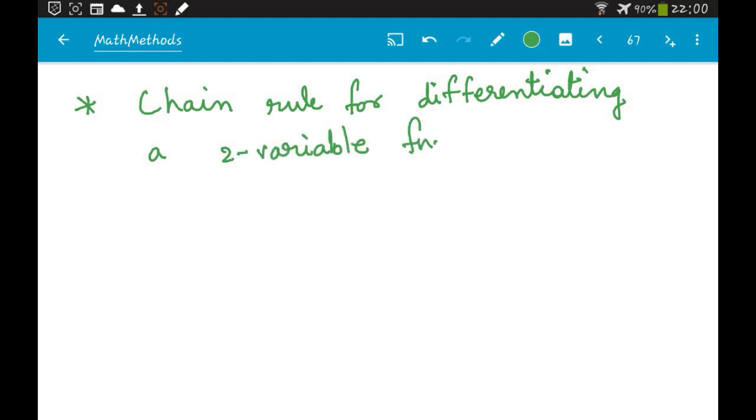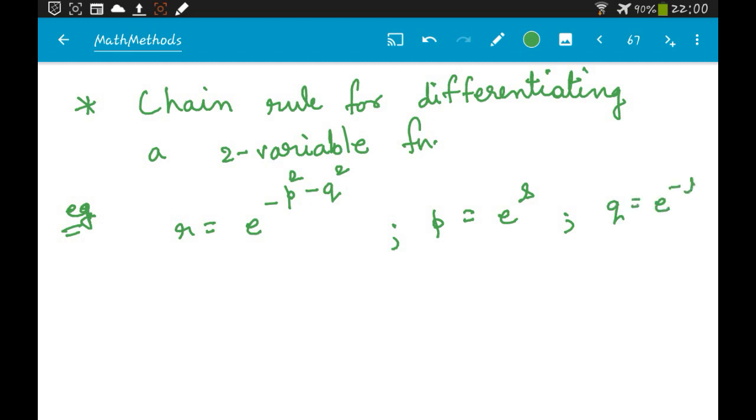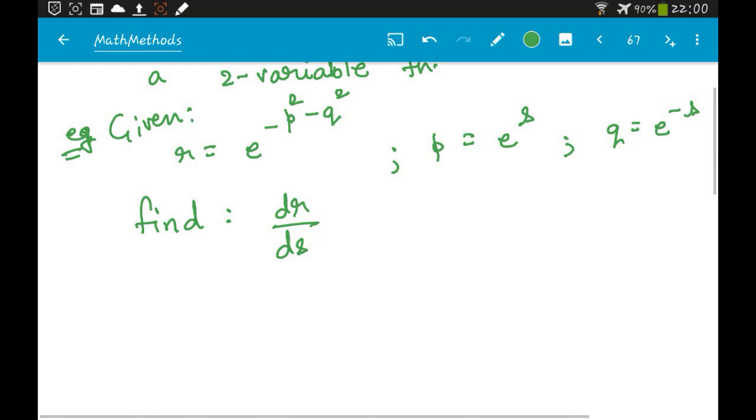Okay, so let's look at an example: r is equal to e power minus p square minus q square. Okay, this is r. P is e power s and q is e power minus s. Okay, these are all givens and we have to find dr by ds. Okay, so let's do it.